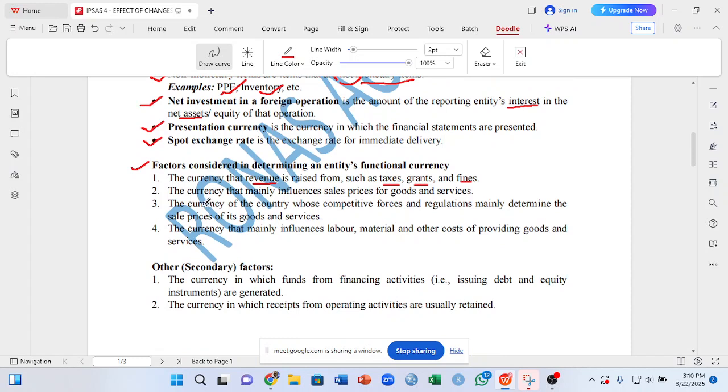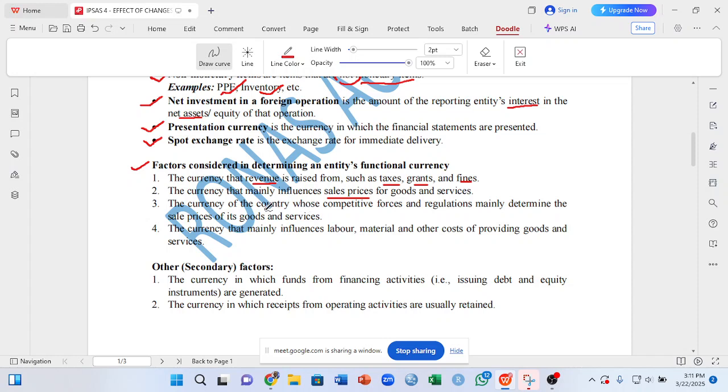Also, another key indicator could be the currency which mainly influences the sales price of your goods or services. So if you are a firm and you trade, you buy and sell, what is the currency in which your sales price will be denominated? That will be the functional currency.